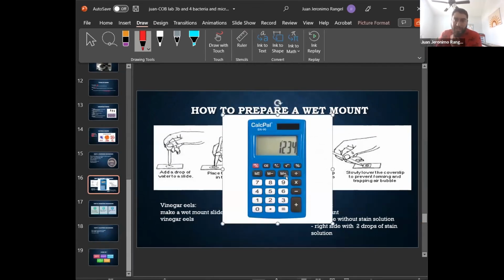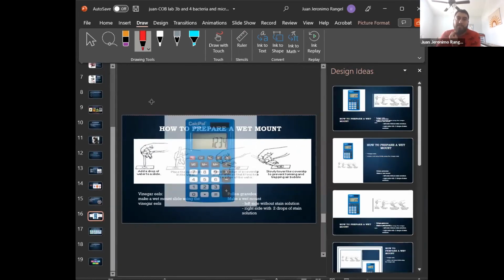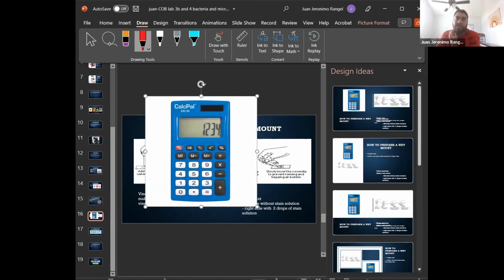So a four function calculator. Can you guys see the calculator that I just pasted on my screen? So it has to be one of these. No scientific calculators. You really won't need to do that many calculations. Well, you will have to do a few calculations, but really all you need is this. You don't need a graphing calculator, no scientific calculator.